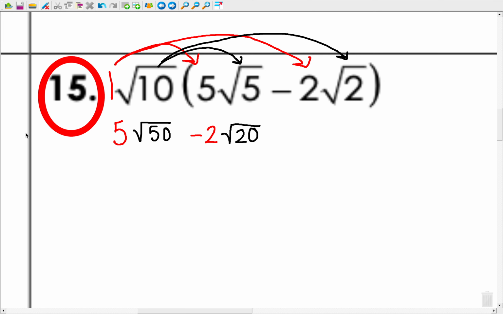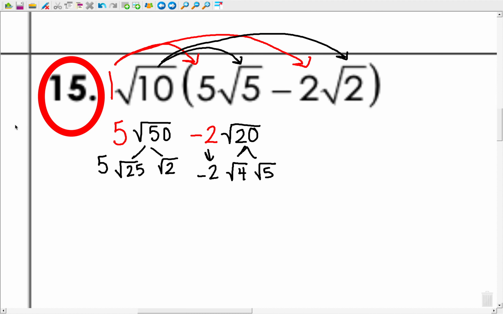Simplify what you have here, because they don't have the same radicand. Okay, we're going to need to simplify using the rules that we did on the front with adding, subtracting. This means I'm just bringing down my 5, and the 50 will split. It will now become the square root of 25 times the square root of 2. I bring down my negative 2. This will split. It will become the square root of 4 times the square root of 5.